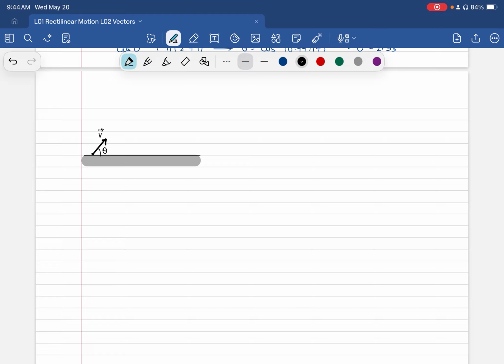This here is a velocity vector with a magnitude of v naught. Okay, so I'll just write down the question now. The question is, what theta maximizes range?